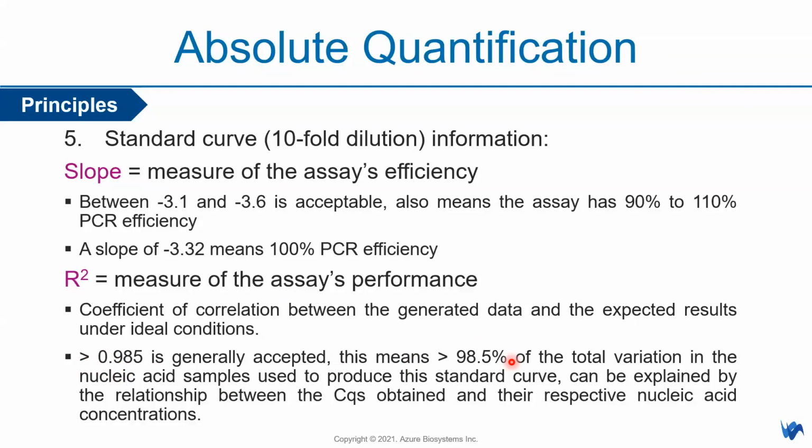That means your linear equation from this standard curve is 98.5% true, and able to explain and give the result appropriately. So that's why R square is also very important to check if your standard curve is running okay.